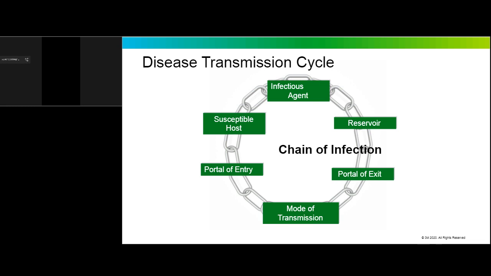But if we think of the context of instruments used in a procedure, starting at the top and working our way clockwise, an infectious agent could be hosted in patient A, who acts as the reservoir, and a procedure performed at your clinic or surgery center could provide the portal of exit for that infectious agent. Then the reusable instruments used during the procedure could potentially serve as the vector, providing a mode of transmission for that pathogen to infect patient B, a susceptible host, when they're used in the next procedure.